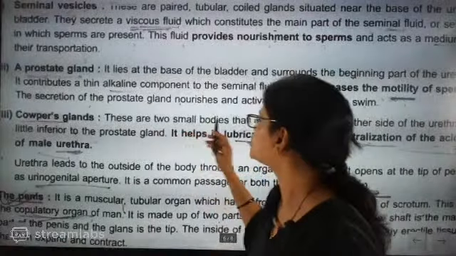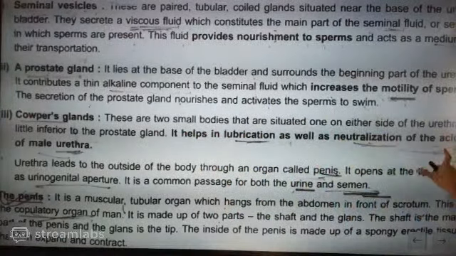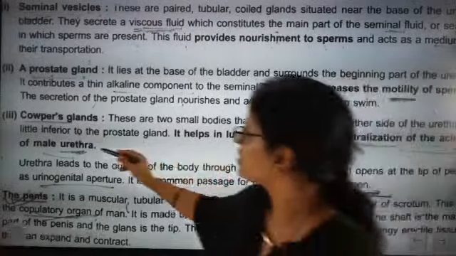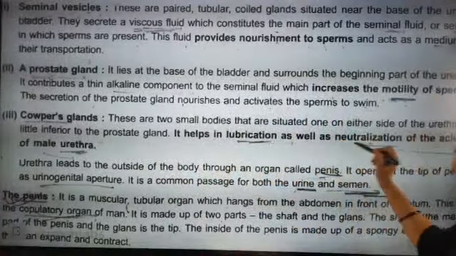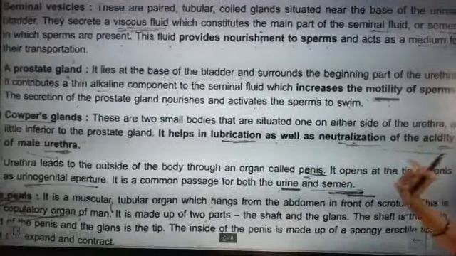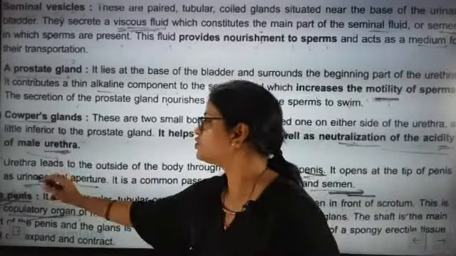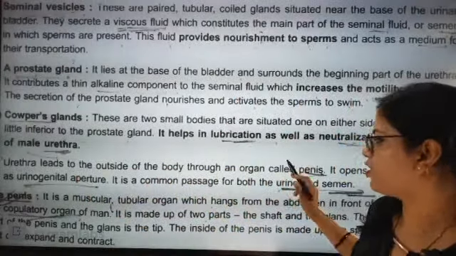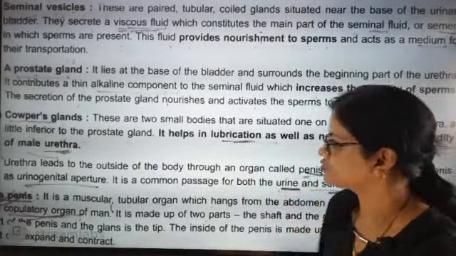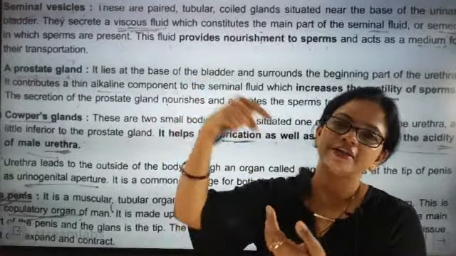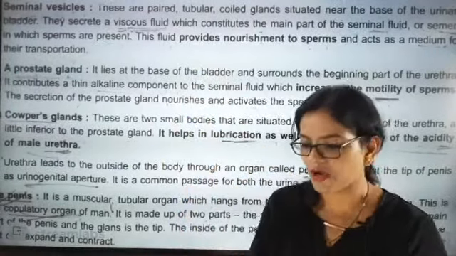These are two small bodies situated on either side of the urethra, a little inferior. It helps in lubrication as well as neutralization of the acidity of the male urethra. The urethra leads to the outside of the body through the organ called the penis, so the urethra is connected to the penis, which is the outer part.